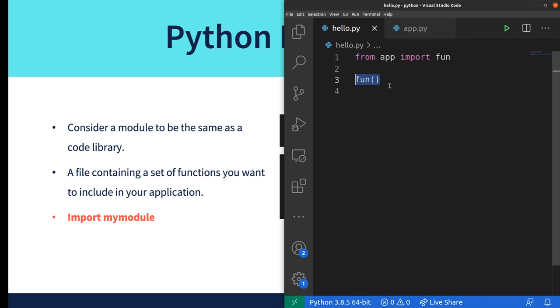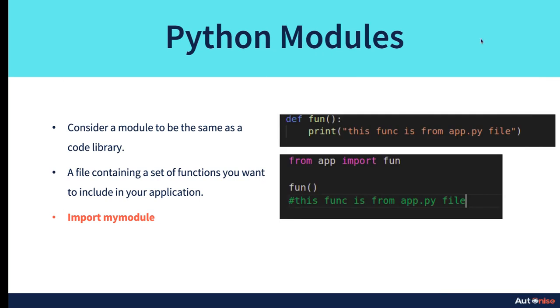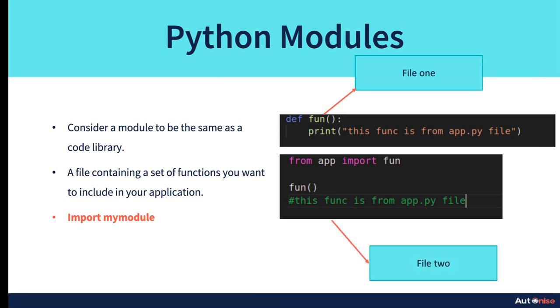This is how you can do that. Let's get back to slides. So this function was in file 1 while the function was being called in file 2.